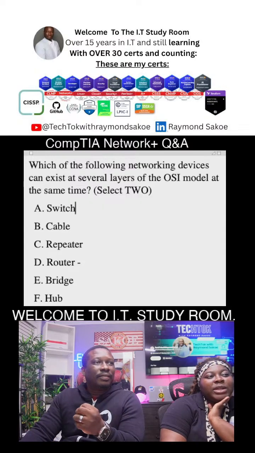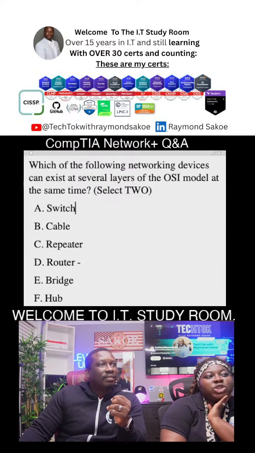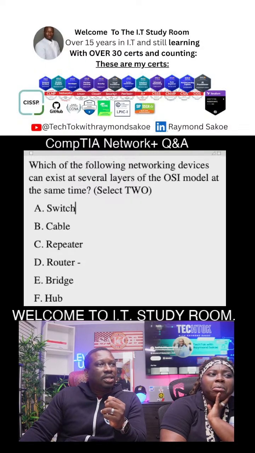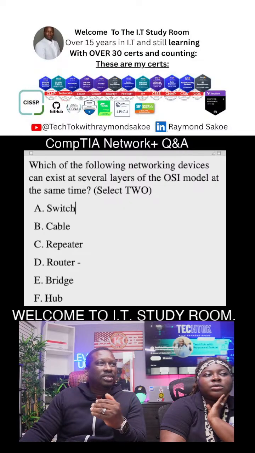Jay is asking, would you classify multi-layer switch with switches as well? A multi-layer switch is a switch. So am I going to consider it as a switch or a router? Is that your question?